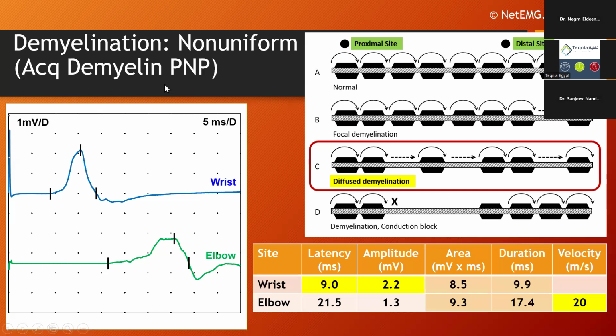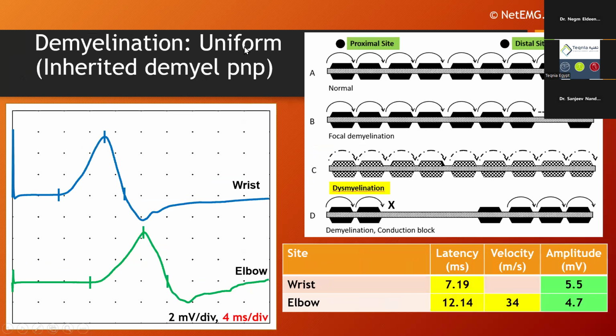In contrast, if we have uniform demyelination, and this is something we call dysmyelination, so it is uniform over the entire nerve. And therefore, now you get similar looking waveforms at the proximal and distal stimulation. This is my distal stimulation. The waveform looks normal, but keep in mind my time base is 4 milliseconds per division.